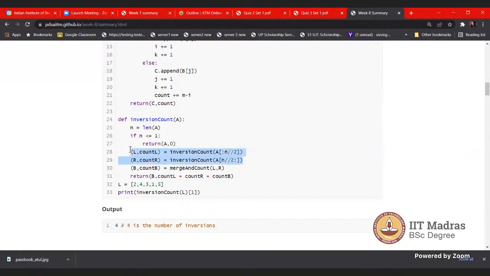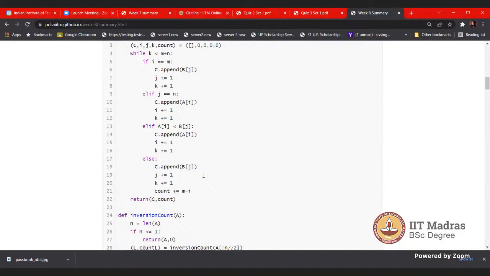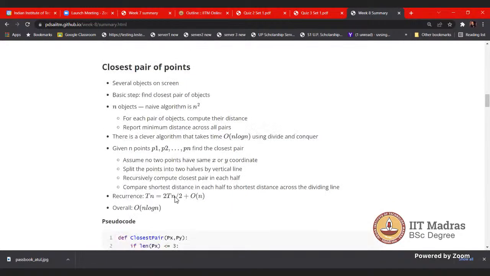So this is the remaining part of the algorithm, and its highest complexity is this merge part, which is big O of n. Because of that we represent it in that way.